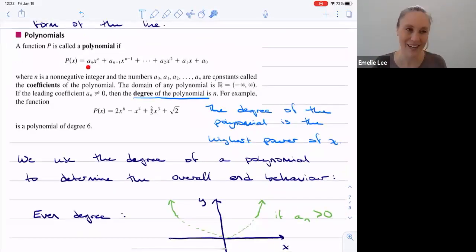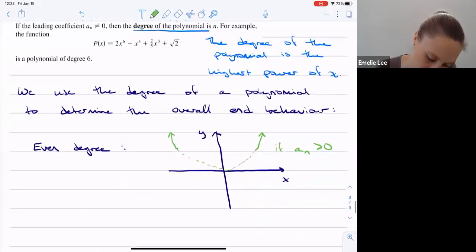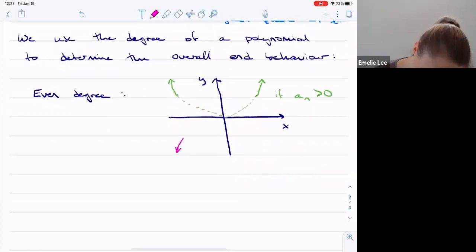So if you've got a positive coefficient, then you've got these upward facing arms, and if it's negative, then you've got these downward facing arms. And this is if a of n is less than 0.